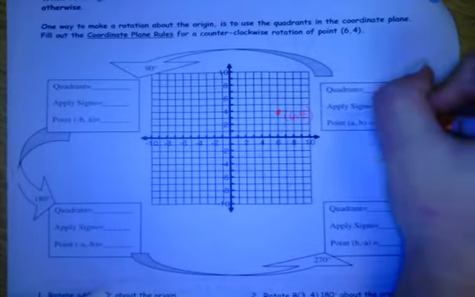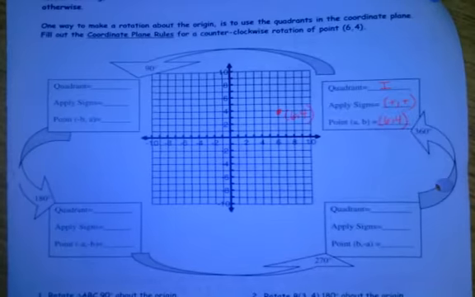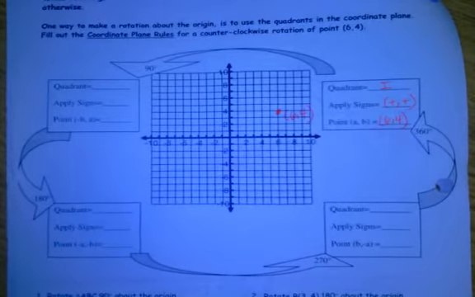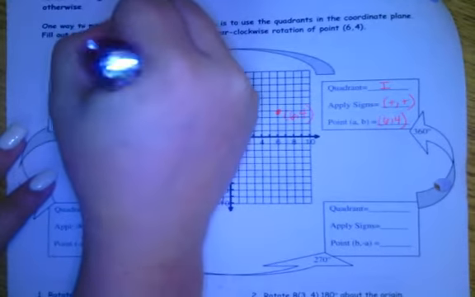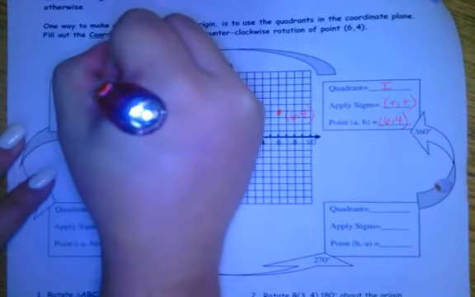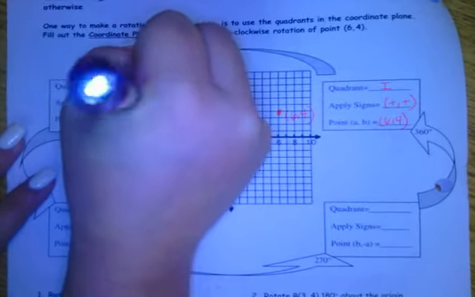Okay, so we are currently 6, 4. If I rotate this 90 degrees, I am now going to be in quadrant what? 2. What are my signs in quadrant 2? Negative, positive.